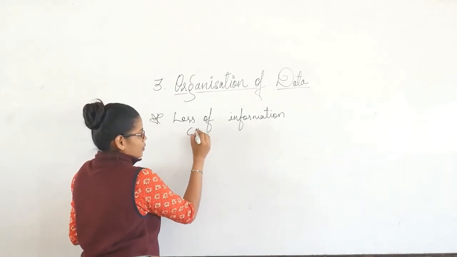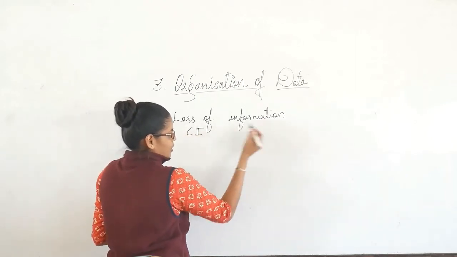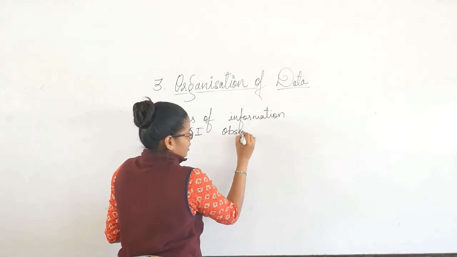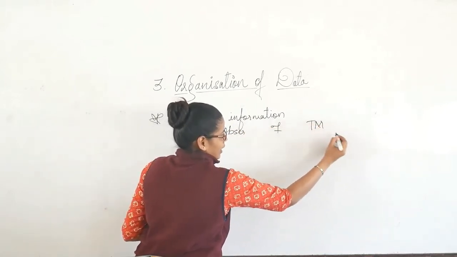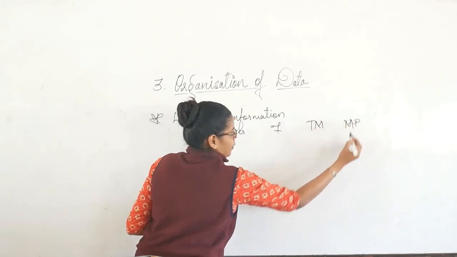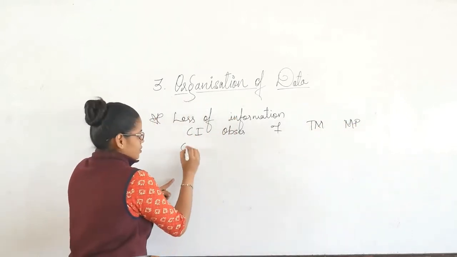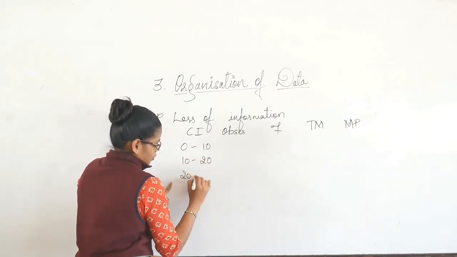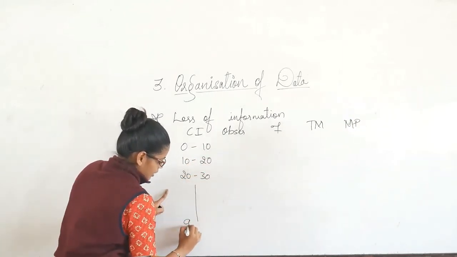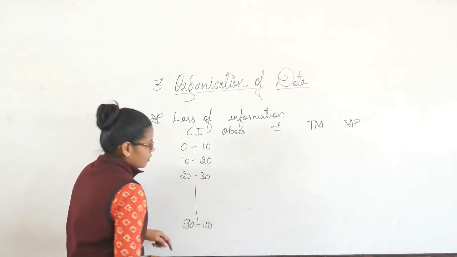So class interval, then the observations, then frequency, then tally marking, and then the midpoint, okay? So 0 to 10, 10 to 20, 20 to 30, and this goes on till 90 to 100.